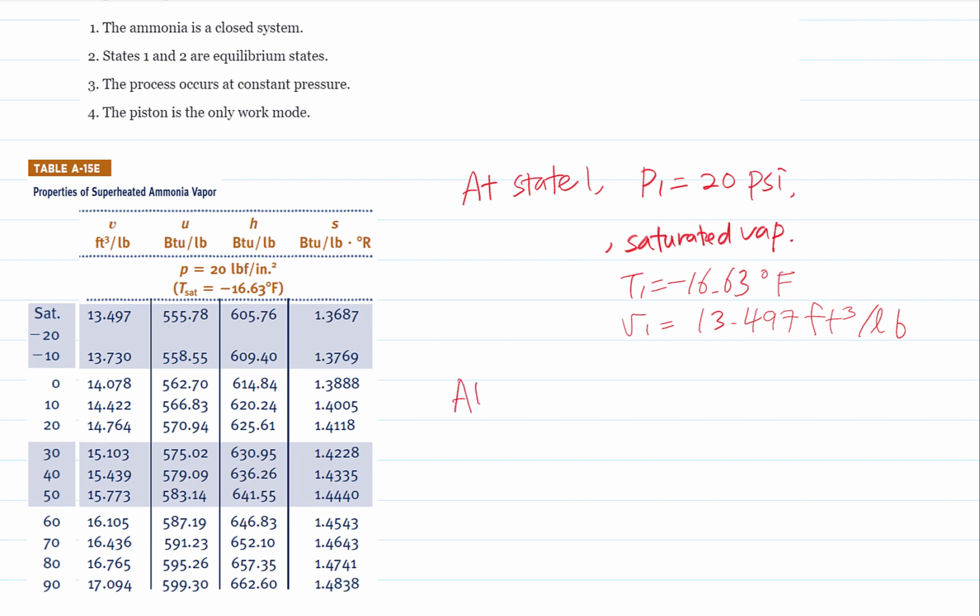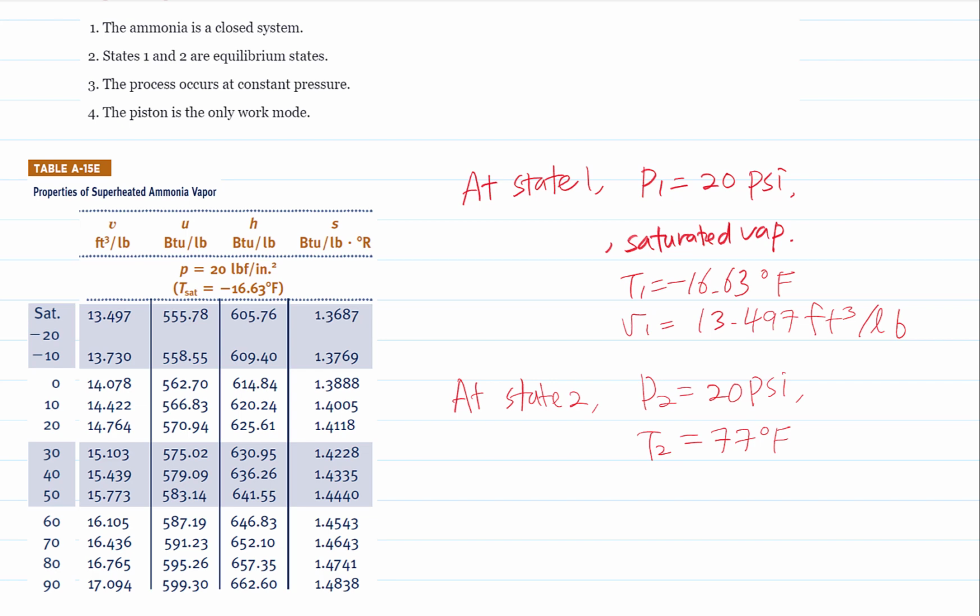At state 2, pressure remains constant, and the temperature is given as 77 degrees Fahrenheit. So two independent intensive properties are known, and we also know that it's in the superheated vapor region.